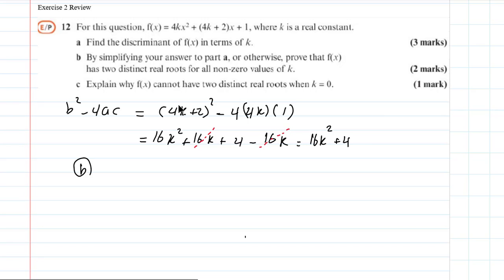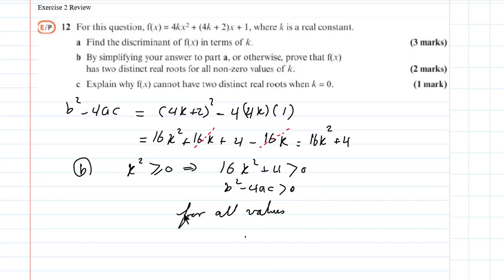Okay, of course we know that k squared should be more than or equal 0, and so that 16k squared plus 4 should be more than 0, which means that b squared minus 4ac is more than 0, which means that for all values of k we have two distinct real roots.